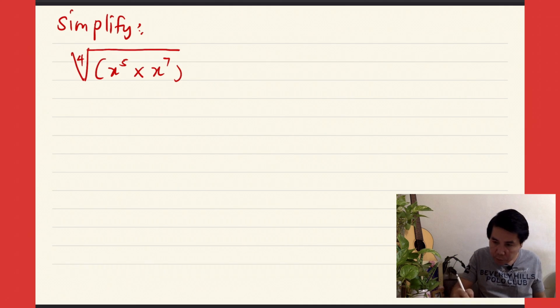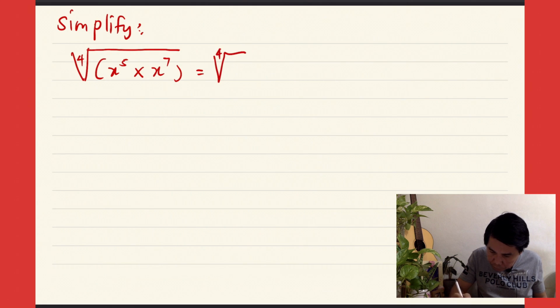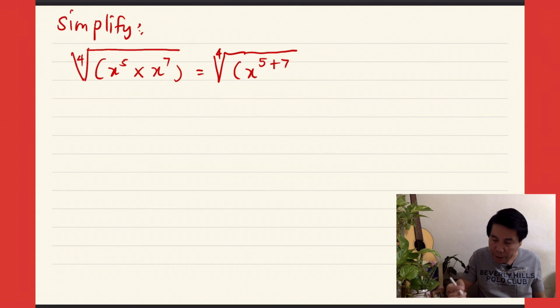First we have to multiply the inside. We have the fourth root of x raised to the power of 5 plus 7. We're adding the exponents because we're multiplying the x there.